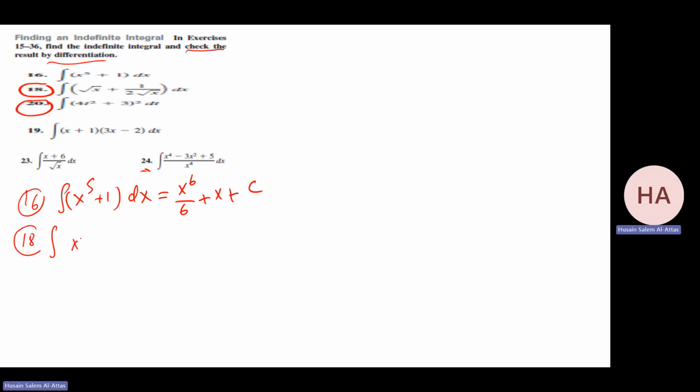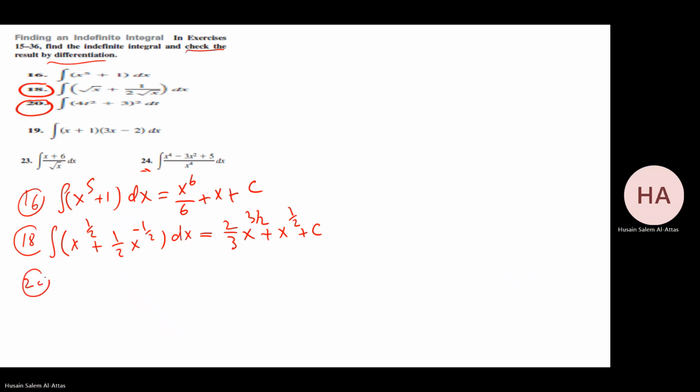18. Integral of x to the power half plus 1 over 2 x to the power minus half dx. Add 1, that will be 2 over 3 x to the power 3 over 2. Add 1, that will be half, multiply, that will be x to the power half plus c. Okay, 20. Square it, actually we did it before.